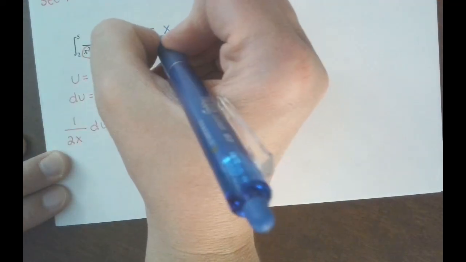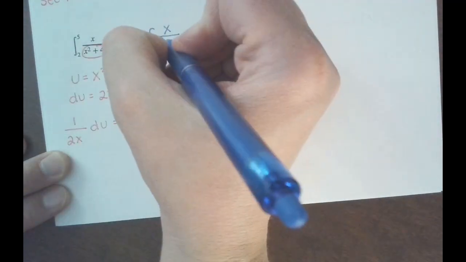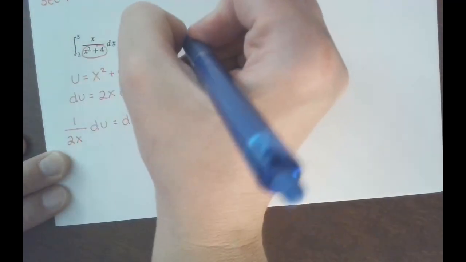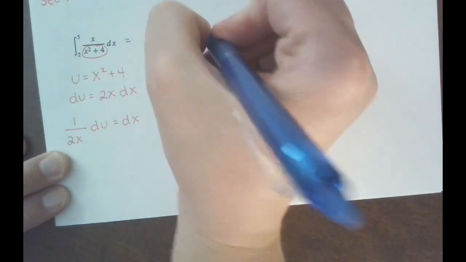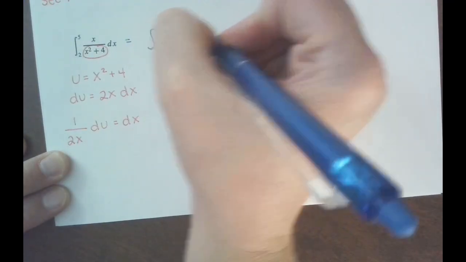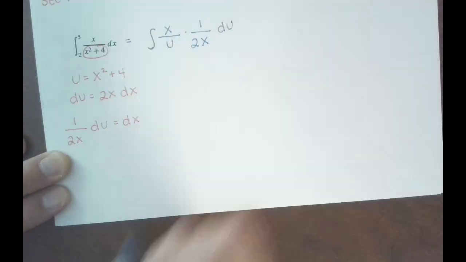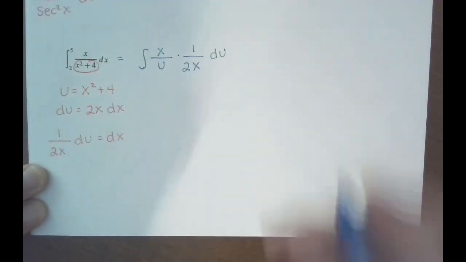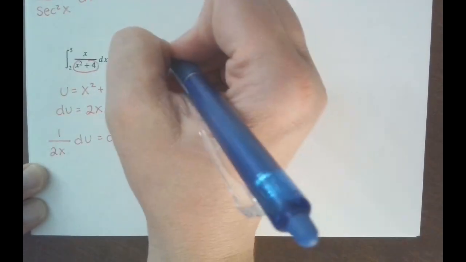So now what I have left here, the x on top is still there. x squared plus 4 became my u, so that's just a u. In place of dx, I'm putting this thing, 1 over 2x du. And that step right there is going to allow me to get rid of this x and this x.